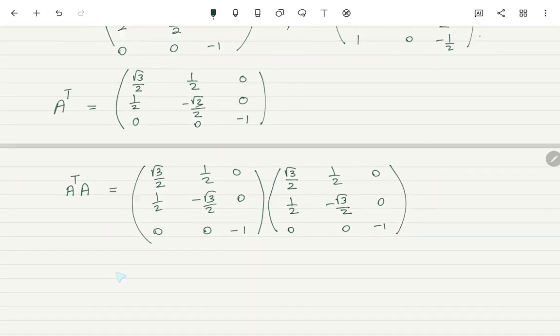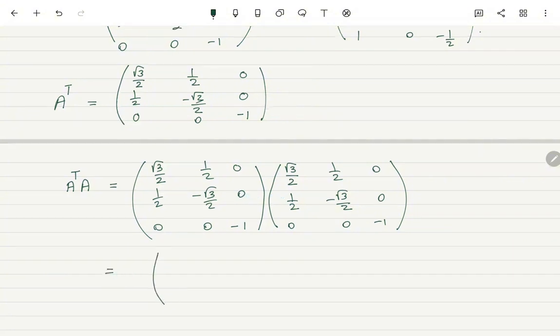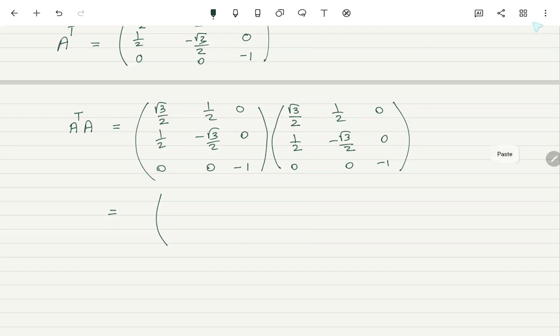Now when we do the matrix multiplication here, we will get 1, 0, 0, 0, 1, 0, 0, 0, 1.